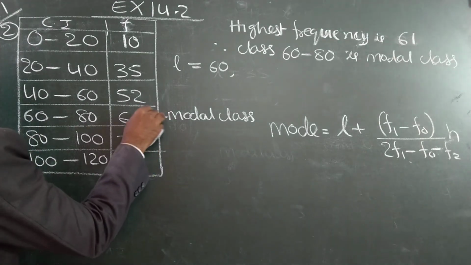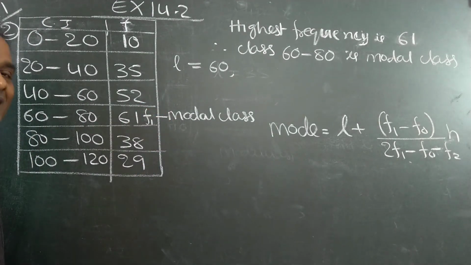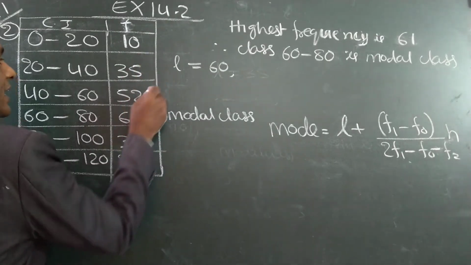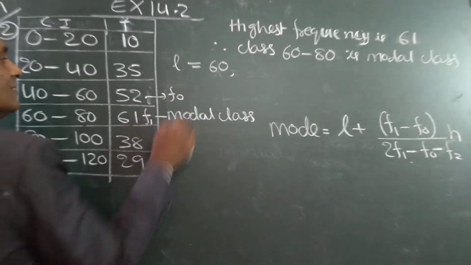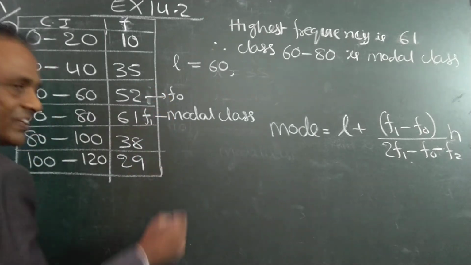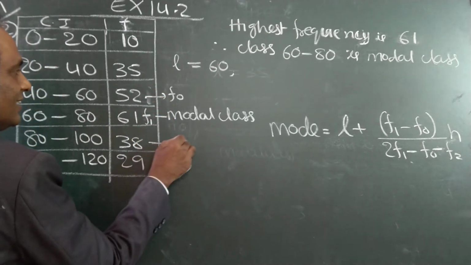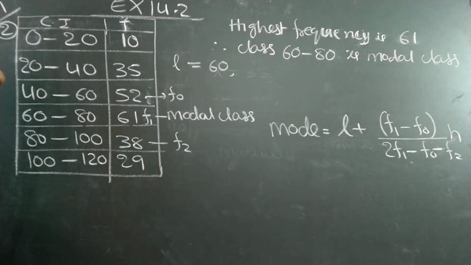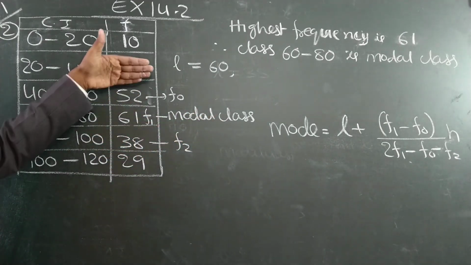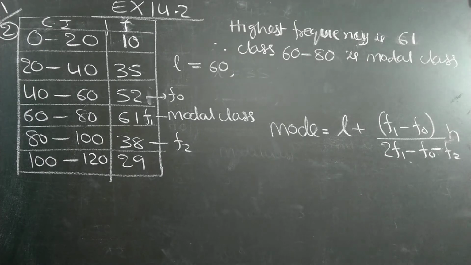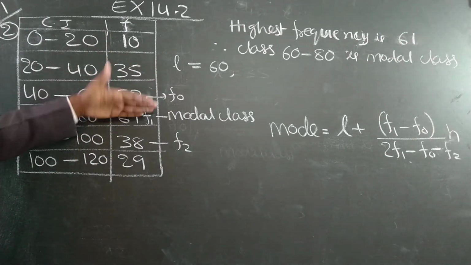F1 is this only, the highest frequency, the modal class frequency. Above it is F0, below it is F2: preceding, succeeding.